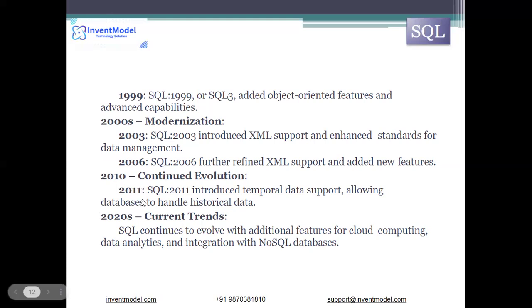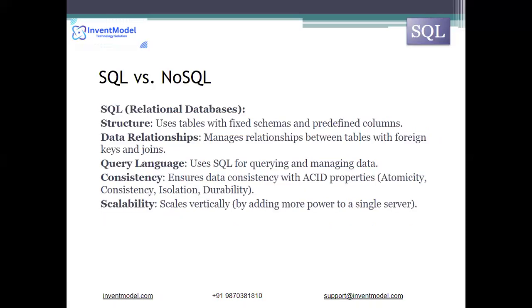In 2011, SQL added support for managing historical data, allowing databases to track changes over time. Current trend: today SQL continues to grow with new features for cloud computing, analytics, and working with NoSQL databases. So SQL has constantly evolved to meet the needs of modern data management and technology trends.